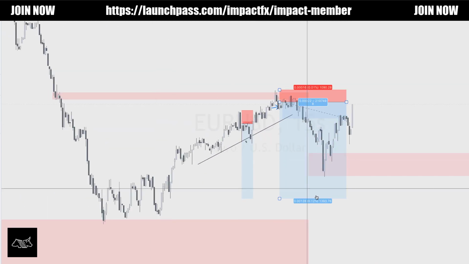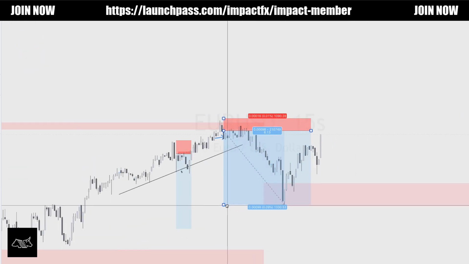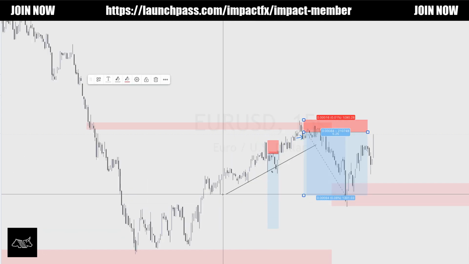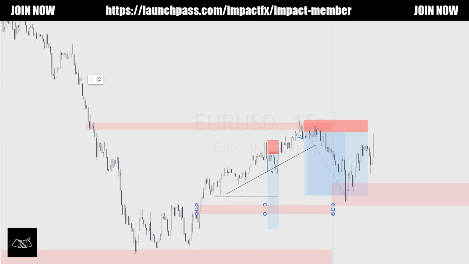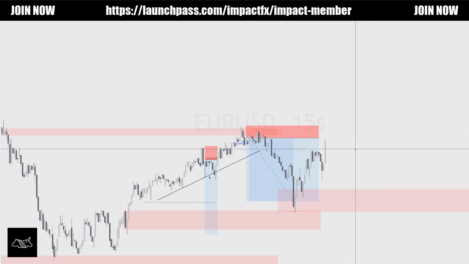And I was able to take a 1-to-5 RR trade that ended up hitting 1-to-6, but I took most of my profits off at 1-to-5 after the liquidity of the trend line got broken, and we have an imbalance order block right here that caused it to rally higher.